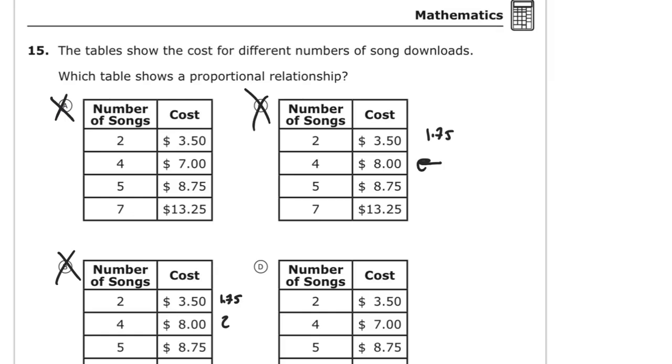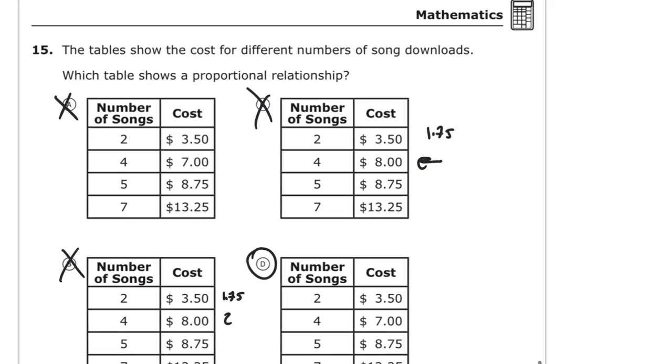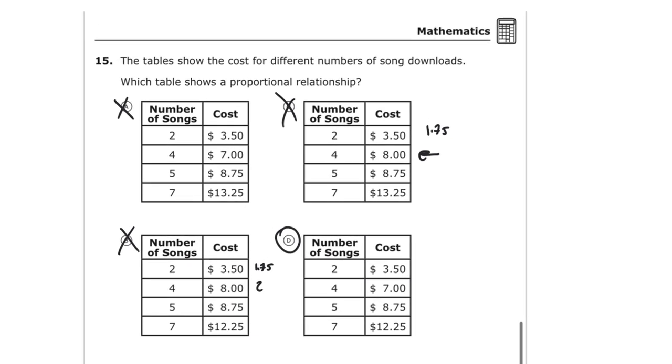So by process of elimination, we know that answer choice D is the answer, and it must be because this $12.25, when you divide that by 7, you will indeed get $1.75, because this last row is the only thing that's different about this table when you compare it to this table, right? Everything's the same for the first 3 rows. It's only that last row that's different. So answer choice D, by process of elimination, would be the answer.